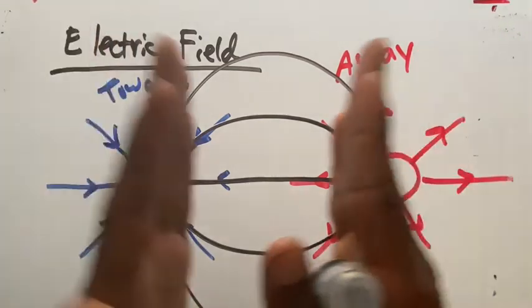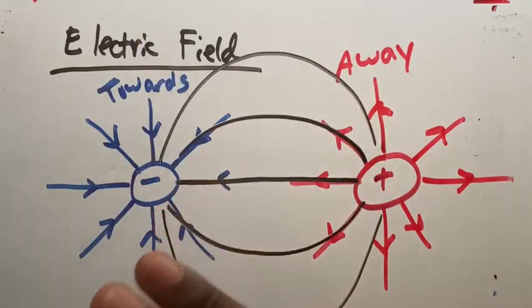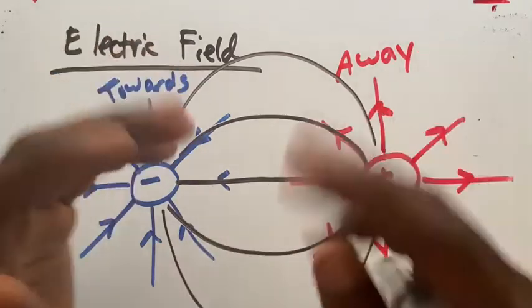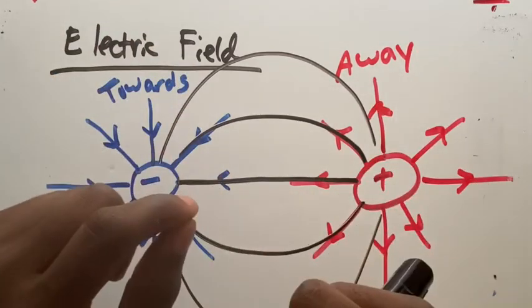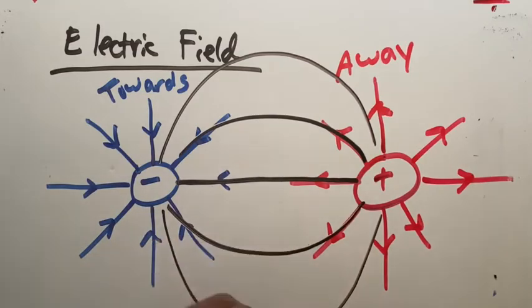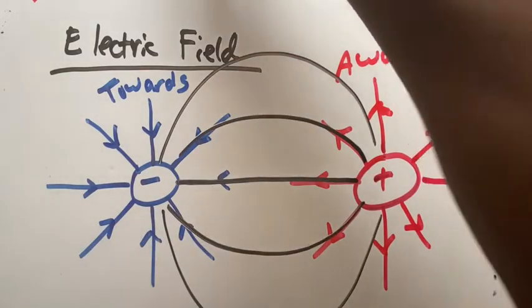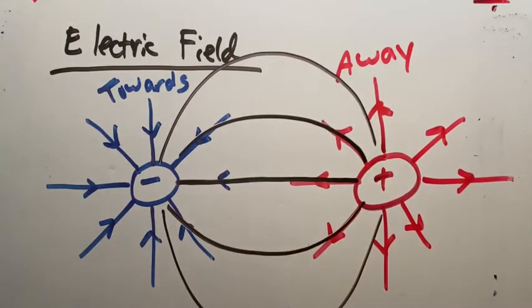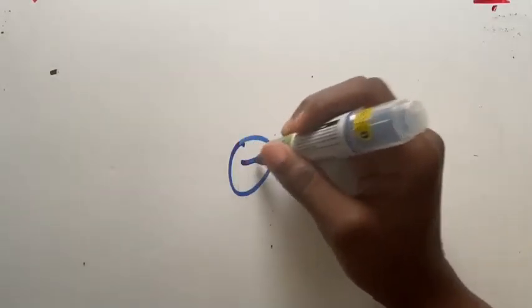Basically, the closer the field lines are spaced to each other, the stronger the electric field is in that region. So let me see if I can, well, let's use this as an example. Actually, I'm going to draw it over again. Let's just use one charge for now.